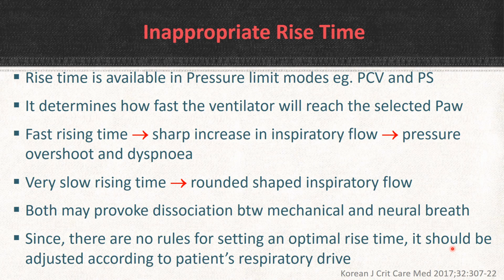Normally, the machine has a default setting, but for the beginner, it may not be easy to understand and manipulate this. Over time, if you understand this flow and waves, and if you can understand this asynchrony, you can set this rise time by yourself.